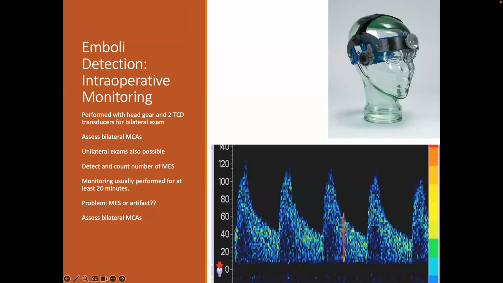Transcranial surveillance for microemboli and CO2 reactivity typically is performed with bilateral transducers because it can monitor both hemispheres simultaneously, and it records long periods of spectral Doppler information. For emboli monitoring in carotid endarterectomy, you can use one transducer, but it has to be attached some kind of way, so they use the headgear.